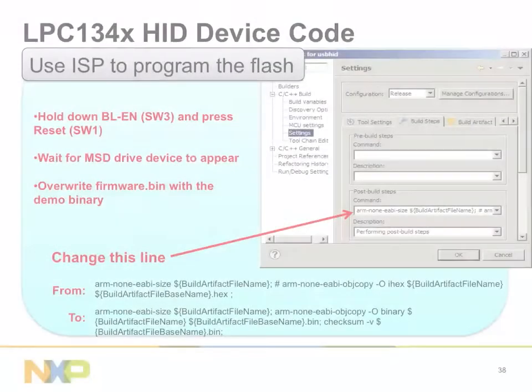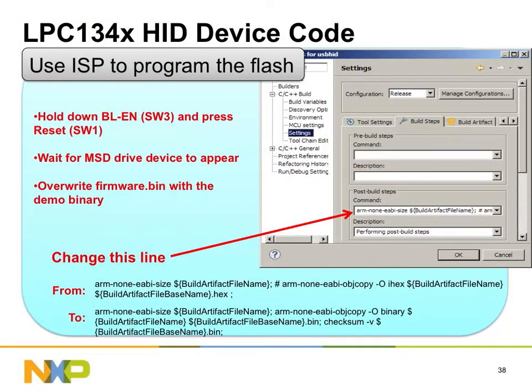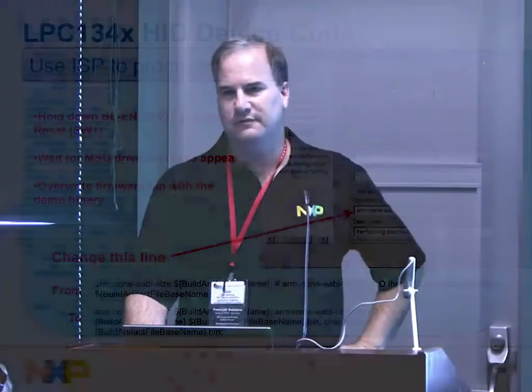Okay, another feature is the bootloader. It's also in USB. What it does is when it comes up, it'll present itself as a drive in Windows, and it'll give you a file that contains the contents of the flash that's on the chip, and you have the ability to delete that binary and override it with another binary of your choice.